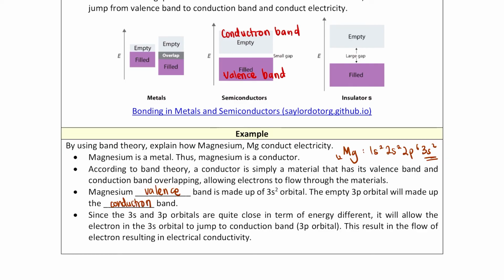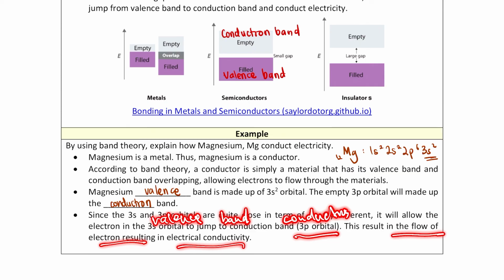Okay, alright, and then since the 3s and the 3p are quite close in term of energy different, yes, okay, because they are still in the same shell, dia masih shell yang sama, satu dia 3s, satu lagi 3p, so it will allow the electron dekat 3s tu untuk jump ke 3p sebab elektron yang dekat 3s tu adalah valence band. Okay, and then dia akan jump pergi conduction band iaitu 3p. Okay, so this will result in the flow of electron resulting in electrical conductivity.